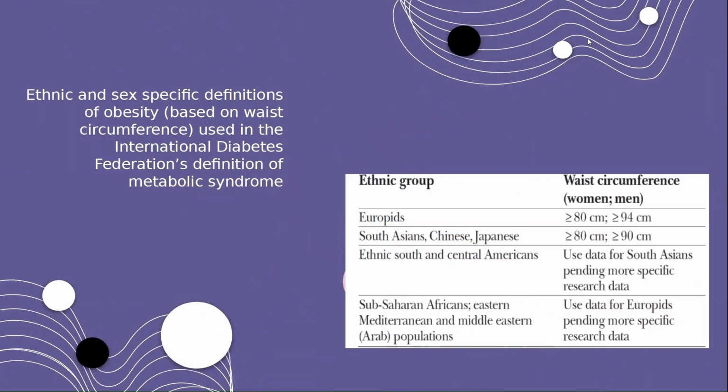We do have to be very careful when using waist circumference. Similar to the same problem when using BMI, if you are of European descent, you have a certain waist circumference that will determine if you have a higher risk of certain types of diseases. If you are a different ethnic group, it's going to vary, if you're South Asian, Chinese, Japanese, you will have a different waist circumference.